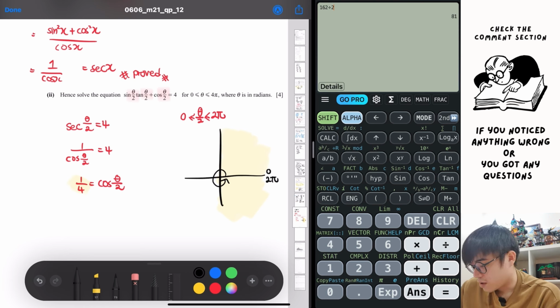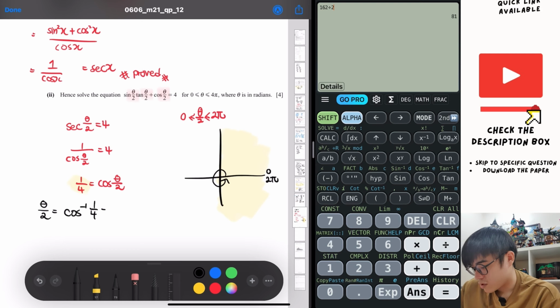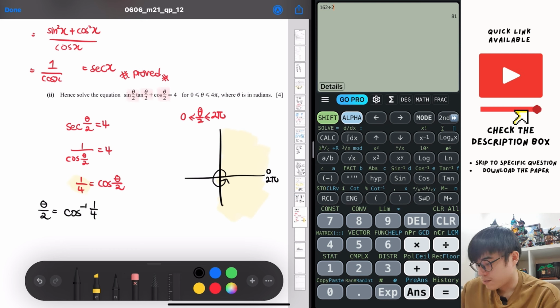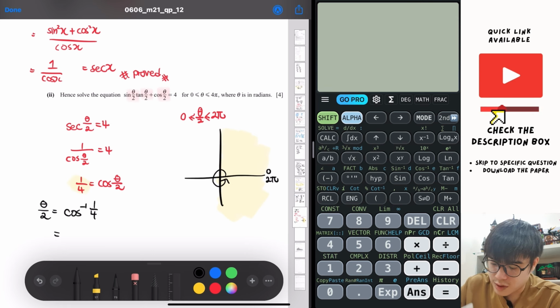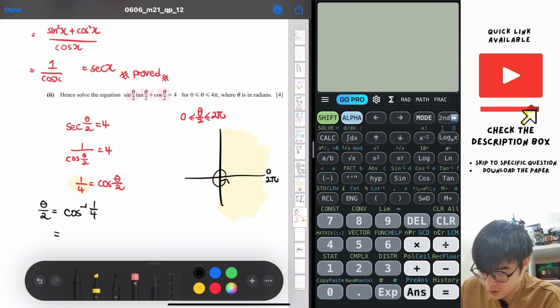Okay, so now I'm going to key in cosine inverse 1 over 4, and theta over 2. Make sure your calculator is in radian mode. I'm going to update this first, and then cosine inverse 1 over 4.